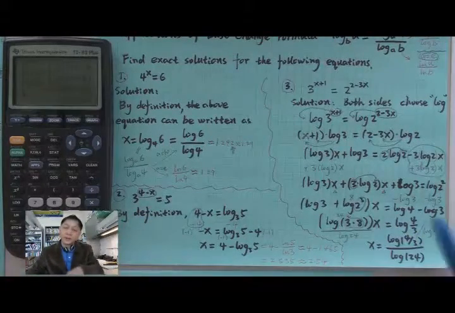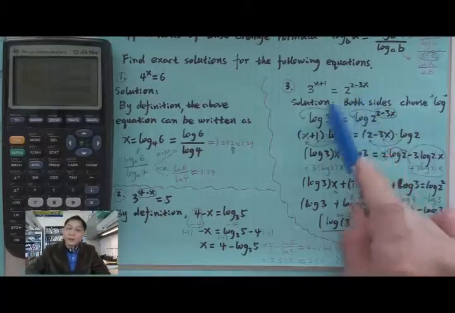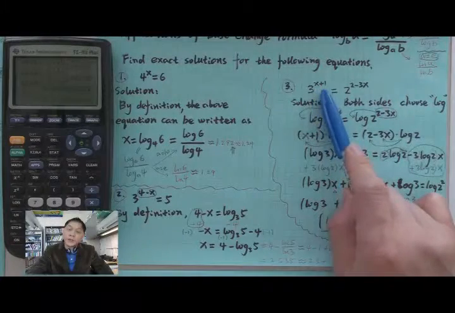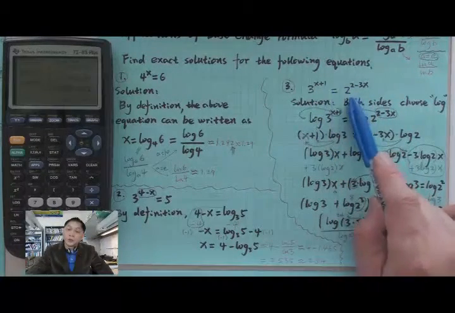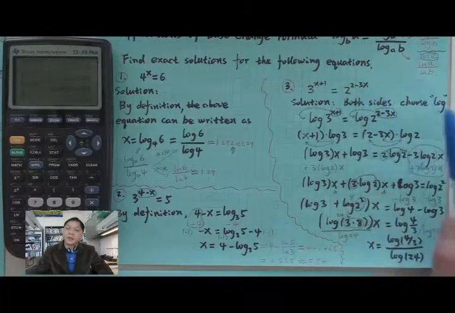Question 3 is a little bit more complicated. That's 3 to the x plus 1 equals 2 to the 2 minus 3x.